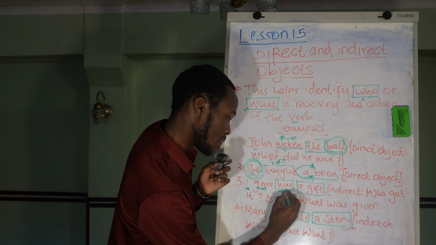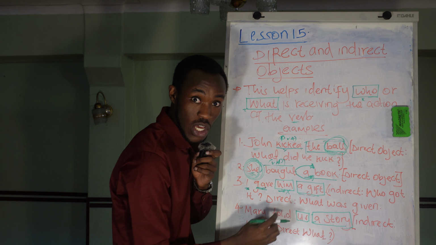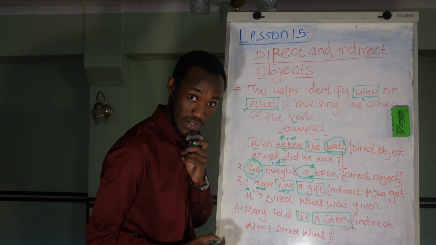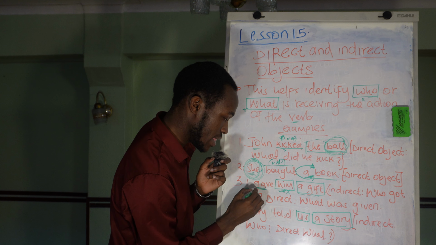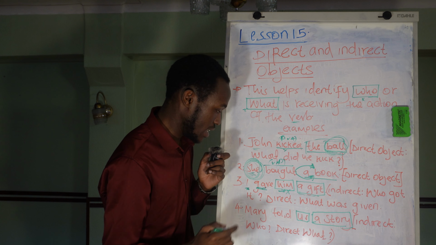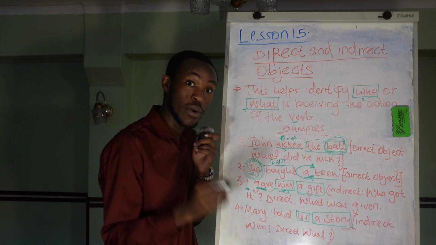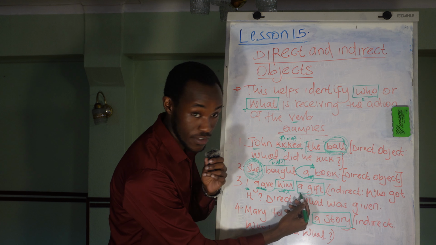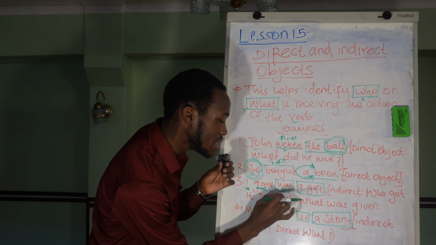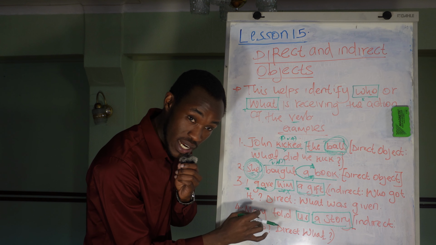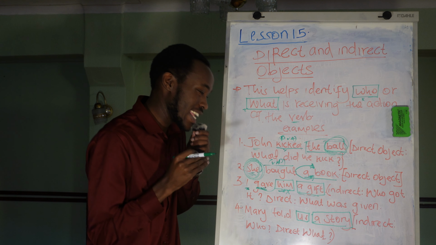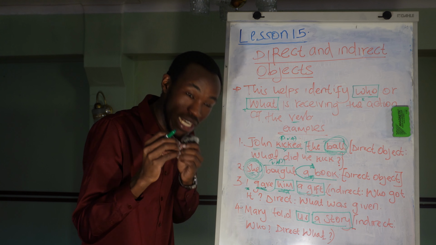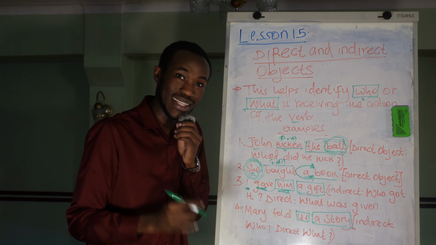We have him here and we have a gift. So probably the direct object here is a gift. It is affected by giving. Don't be dumbfounded and think that him will be our direct object. Our direct object is a gift because it has been affected by this action of giving. I gave a gift. So don't get lost and pick him as the direct object.